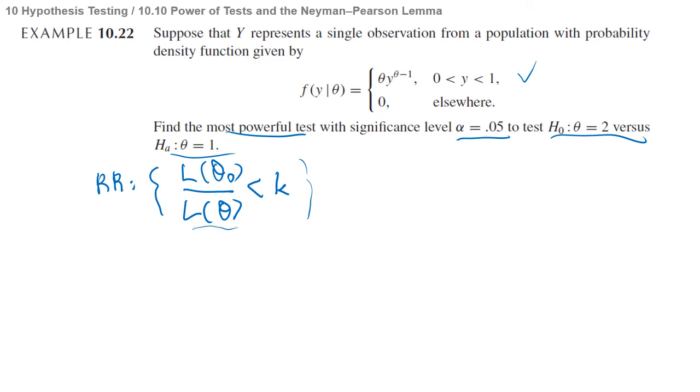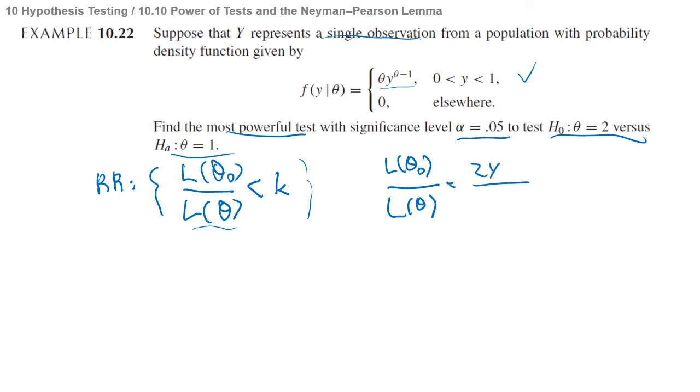So let's calculate this. L of theta 0 divided by L of theta A. Here we have a single observation, so L of theta 0 is just putting theta 0, which is 2, into the density: 2 times y.